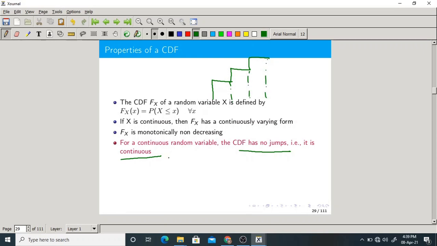But here the CDF of a continuous random variable has no jumps. It is continuous in nature. It has got no discontinuities. It is continuous always. Okay, now the main properties are it is continuous, it is a non-decreasing function, and it is varying continuously.